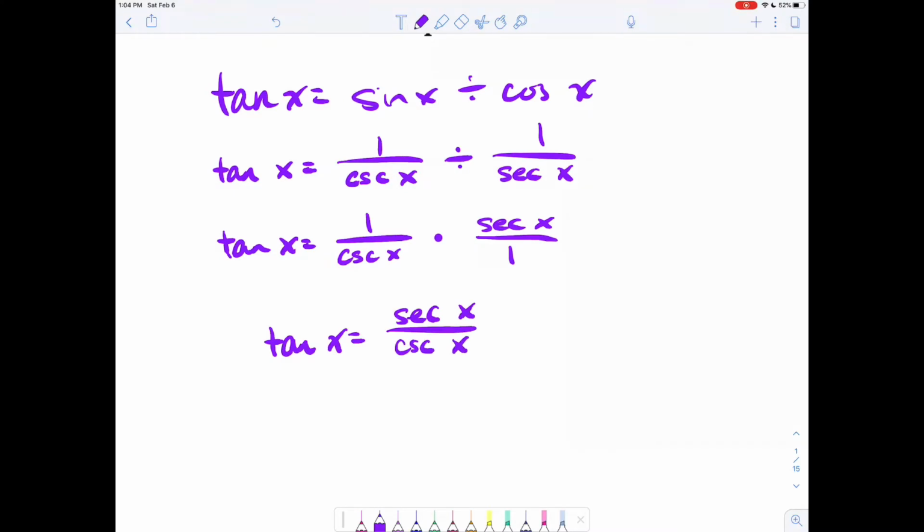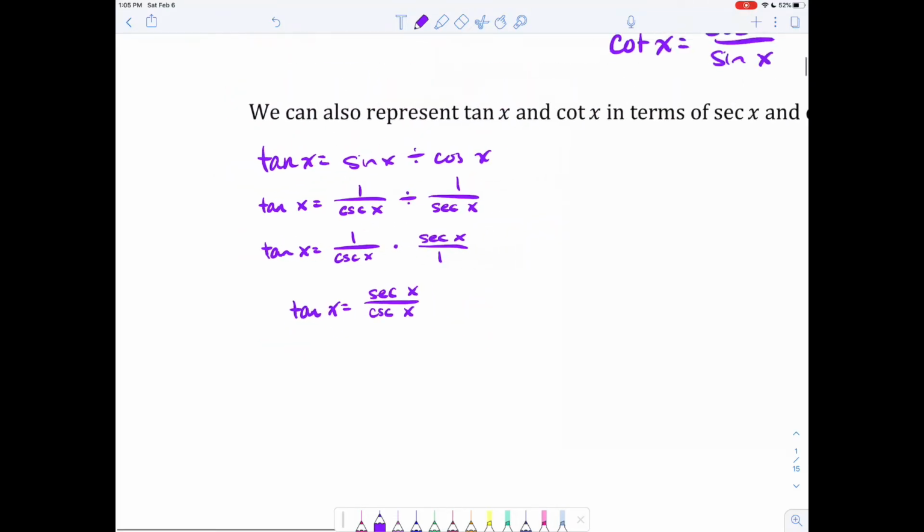So now we've got tan represented in terms of secondary trig functions instead of the primaries. Take a moment, see if you can get cotangent of x also represented without just saying, well, we got to flip this over. Or prove it the same way. I will.